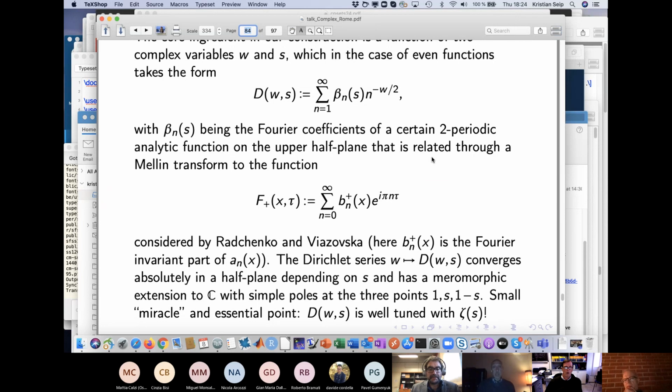Oh, okay. Because I assume from what you said from this formula that you actually need quite a bit of information on beta n's. Well, to have this analytic information is a good part of our work, which I didn't say anything about. You really need to have precise estimates to be able to work with them.